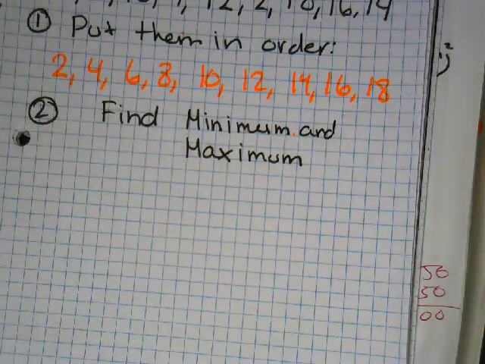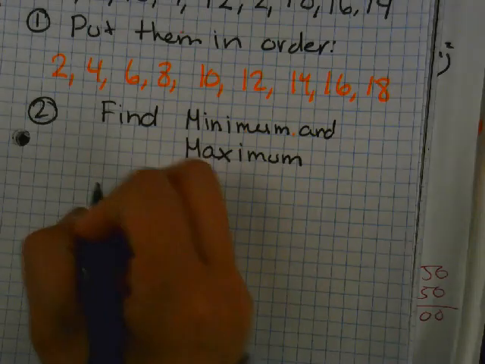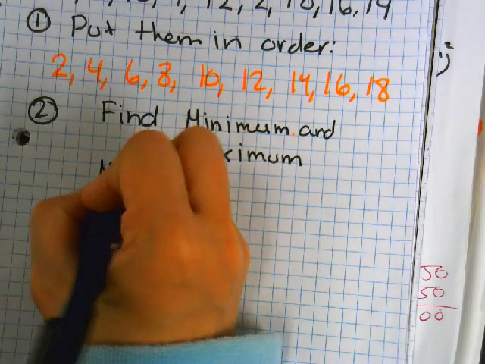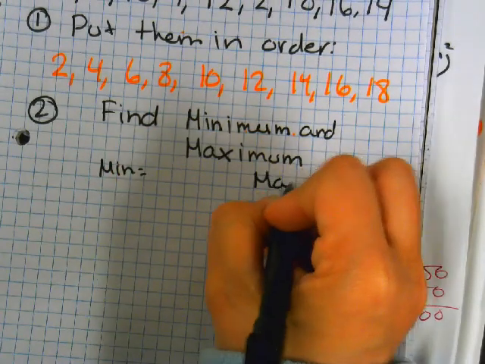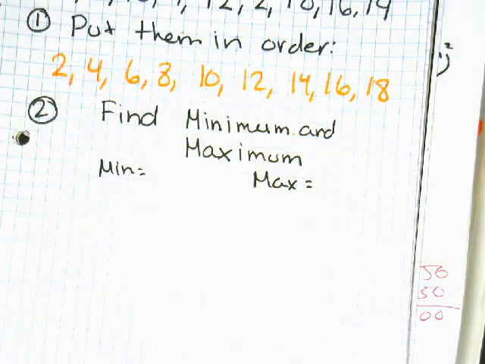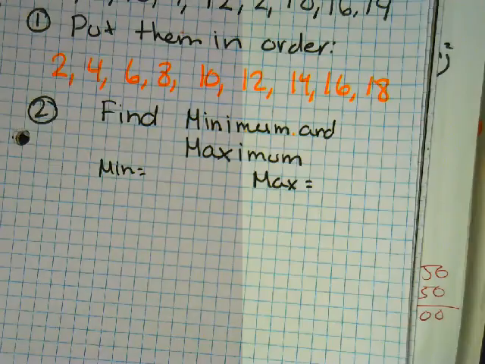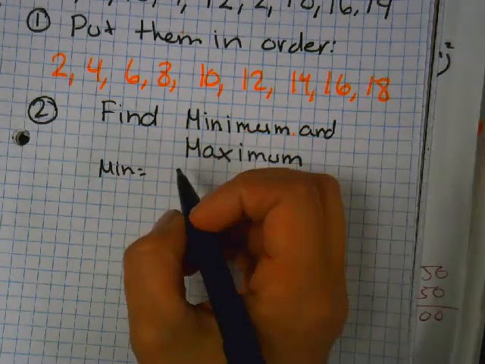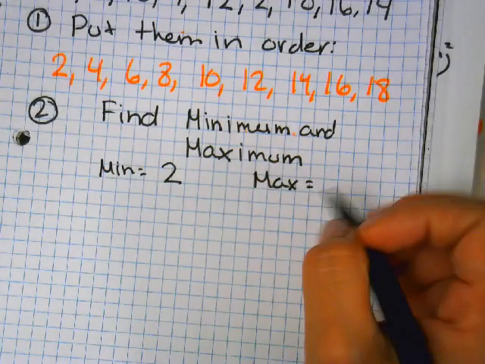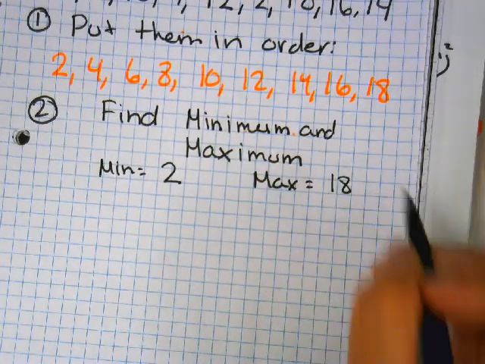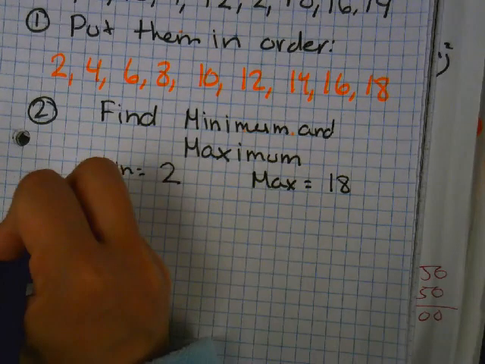Can you just write biggest and smallest? No, because they use these words. You can write min and max. Wait, is it range? No. You would need these minimum and maximum for range, but it's not. What's minimum? 2. What's the max? 18. Good.